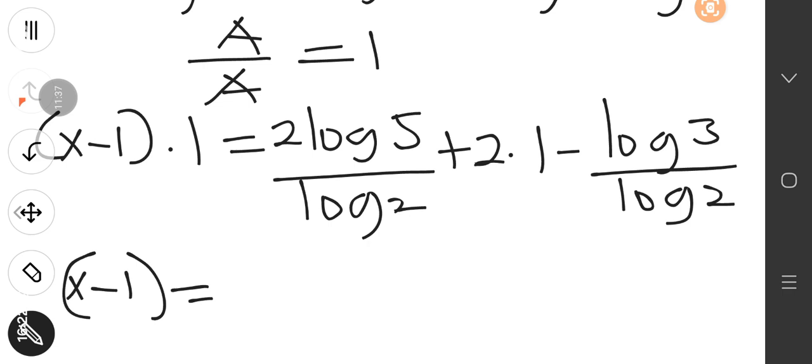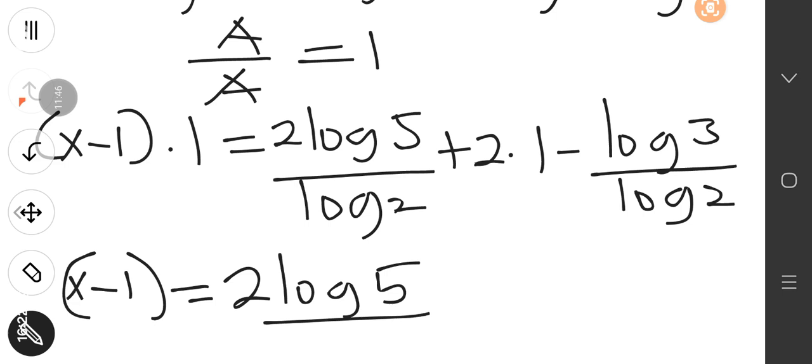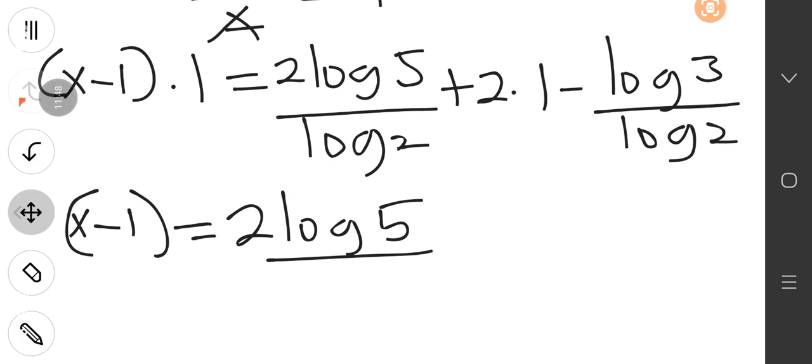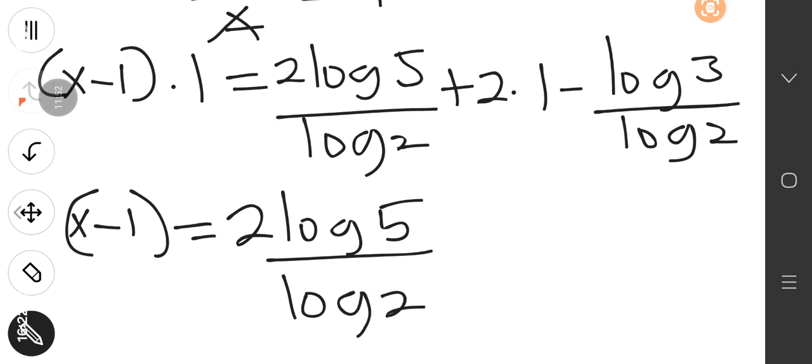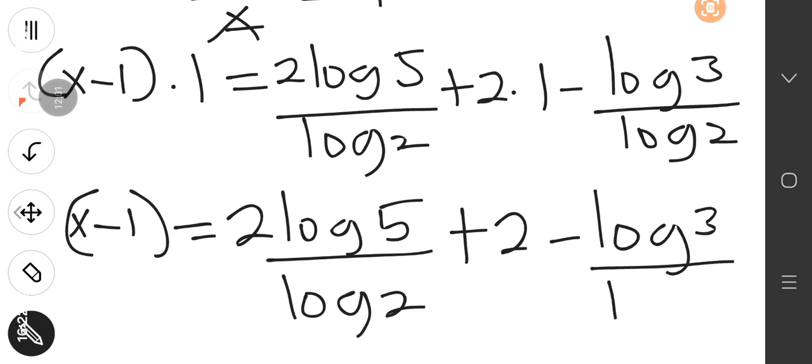So our equation becomes x minus 1 equals 2 multiplying log 5 over log 2 plus 2 times 1 is 2, minus log 3 over log 2.